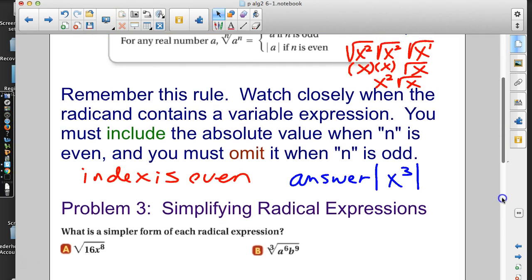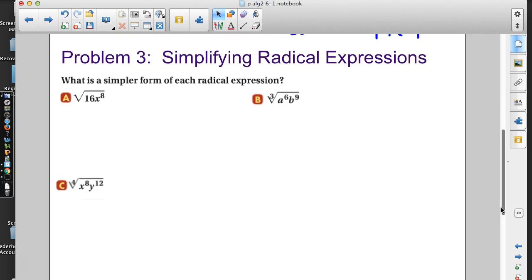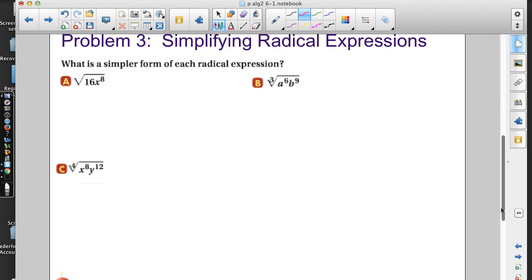So down here, problem 3 says we're going to simplify radical expressions. We're going to do the simplifying just like we've done before, which means we're going to separate this. That wasn't too tough. The square root of 16, it's all good. But now I have the square root of x to the 8th. Okay, well, I'm going to need to break that up into x squareds.